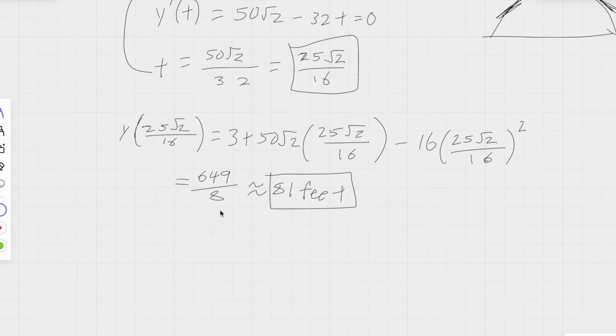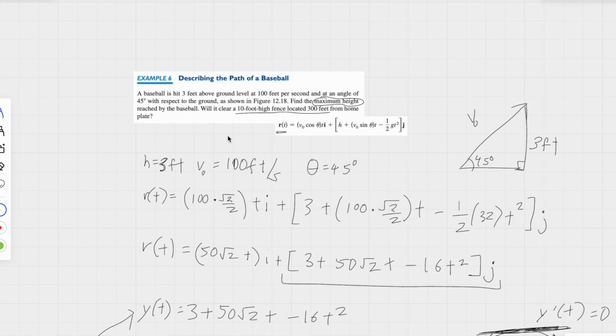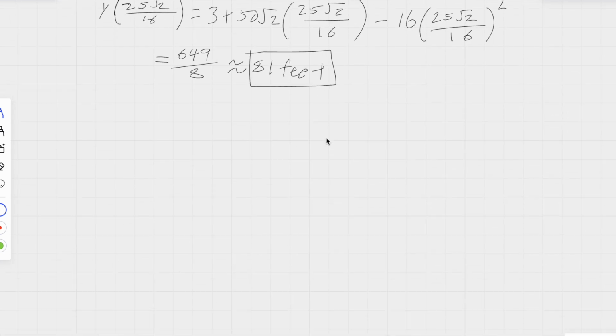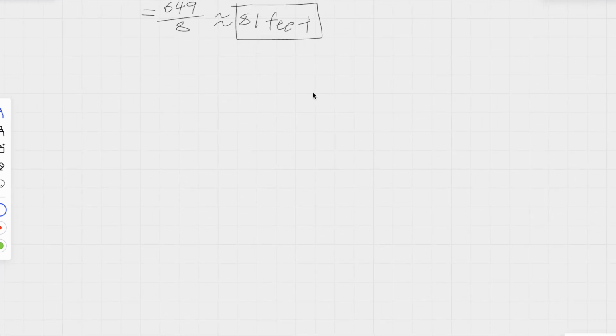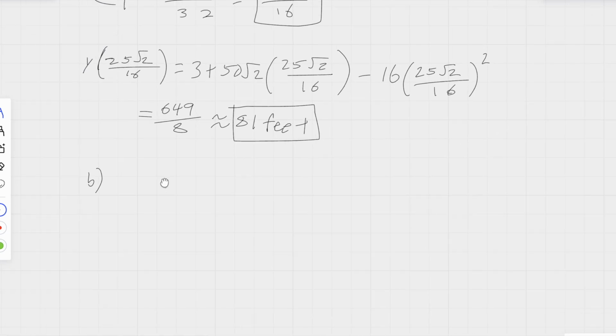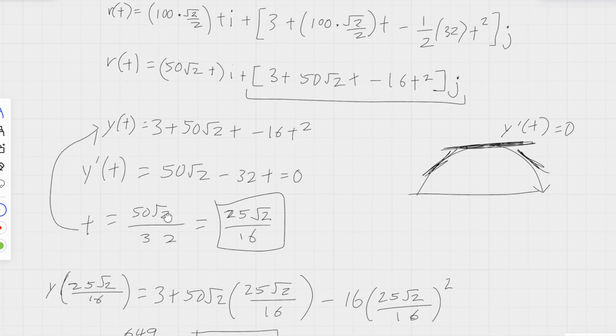So now for the second part. The second part asks whether or not it will clear a 10-foot high fence located 300 feet away from where the baseball was hit. How do we solve this problem? This problem is pretty simple. We know that the distance will be 300, so we can set the x component.